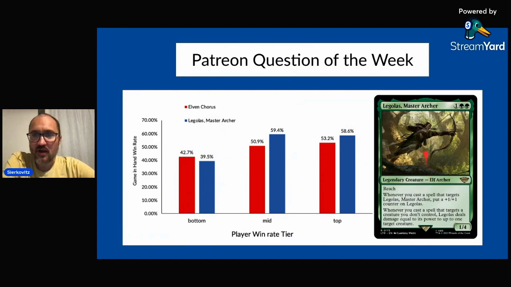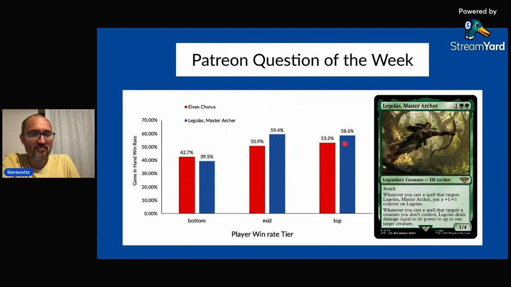So basically, this card in the hands of the bottom tier players, so we usually consider these are the beginners in drafting that want to improve, Legolas does worse.